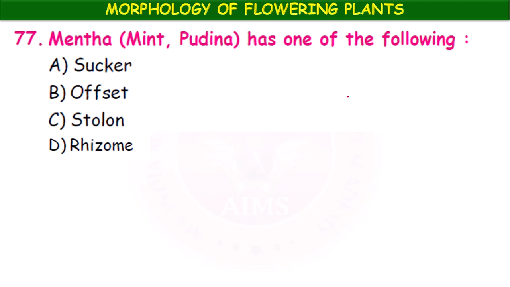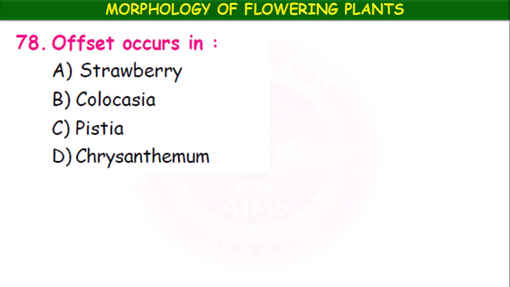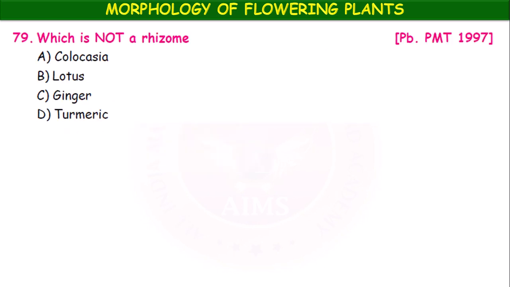Mint has suckers. Offset occurs in Pistia, as we previously saw with the help of the diagram. Which is not a rhizome? Colocasia is not a rhizome. It is a corm.